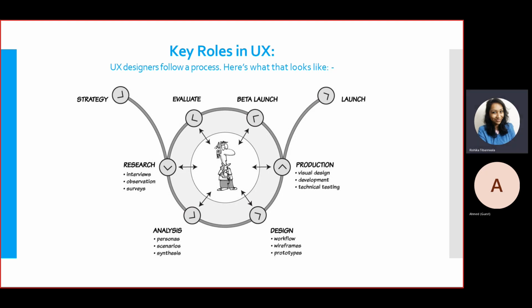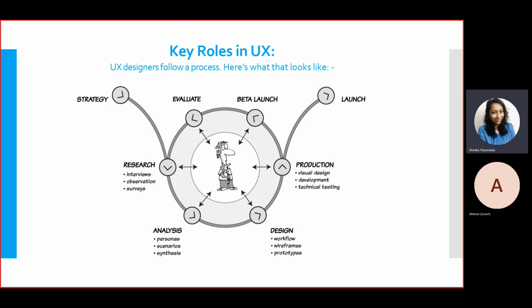Then we proceed to the design part. This is the part where UI comes into the picture. You create the workflow, the wireframes, the branding, you add the visual aspects and the content of your product, and then you create a prototype. After that, the production takes place: the visual design, development, technical testing.